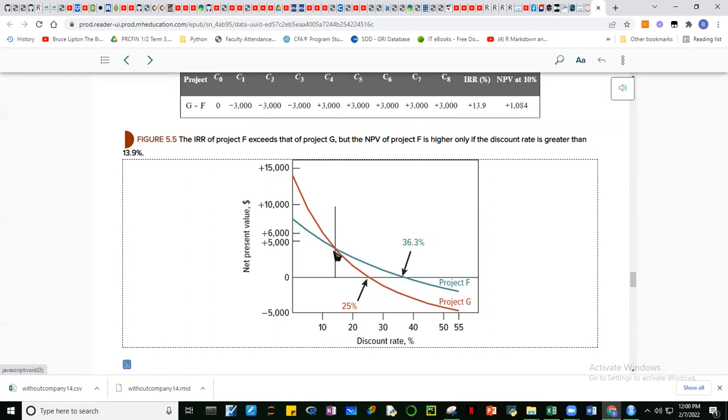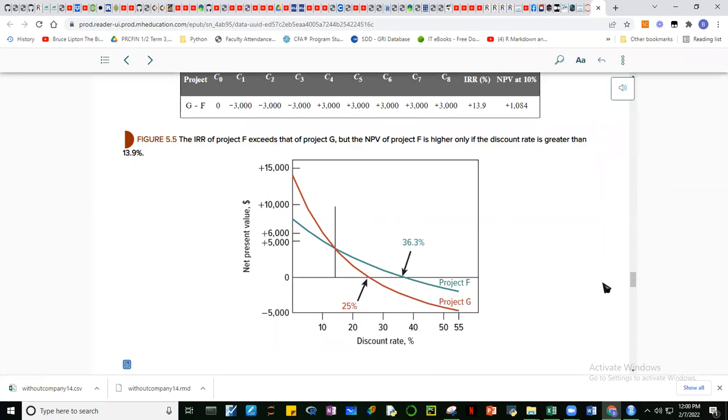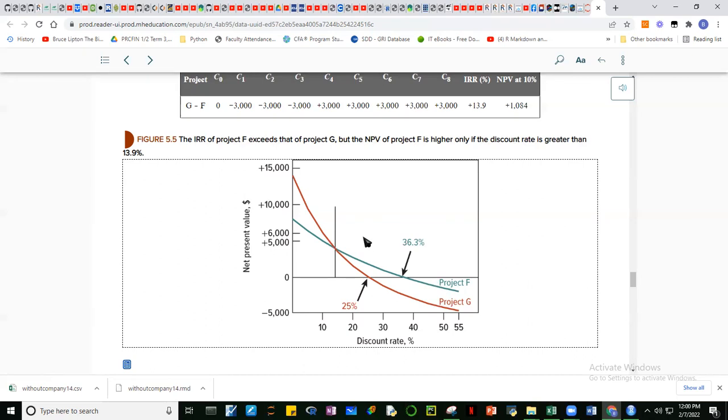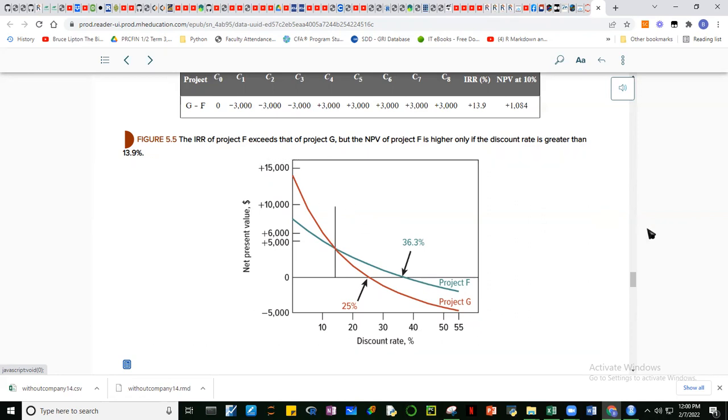Okay, so it means that for a particular range of discount rate or weighted average cost of capital, mas maganda yung isang project. At a particular range naman, mas maganda naman yung isa pang project. So malamang ganito yung NPV profile nun. No? Kapag nagko-conflict yung NPV at saka IRR. Otherwise guys, kung walang conflict doon, then always yung isang project will be higher than the other one.